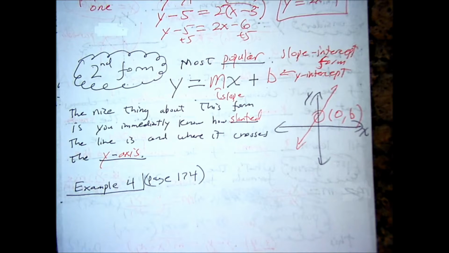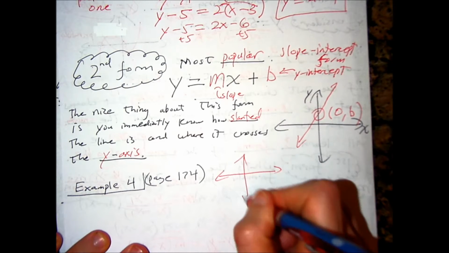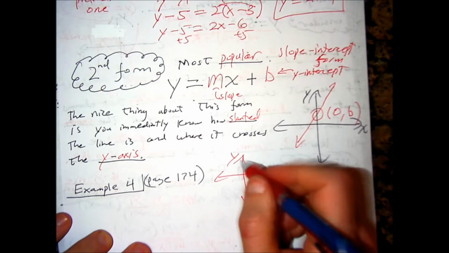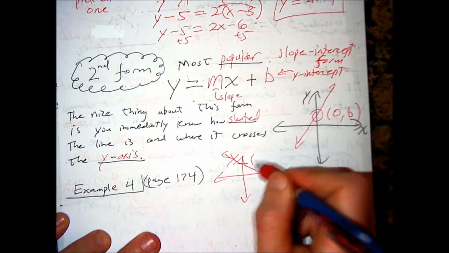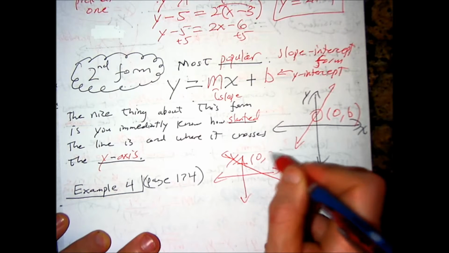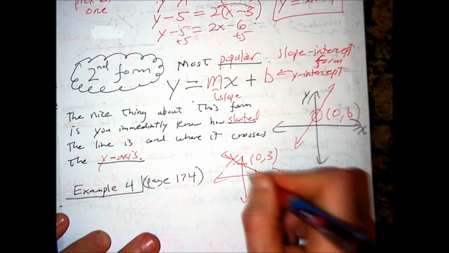So let's have a look at example 4. They give you a picture where you have this line here that crosses the y-axis at (0, 3), right? And then you know this point here is (3, 1).